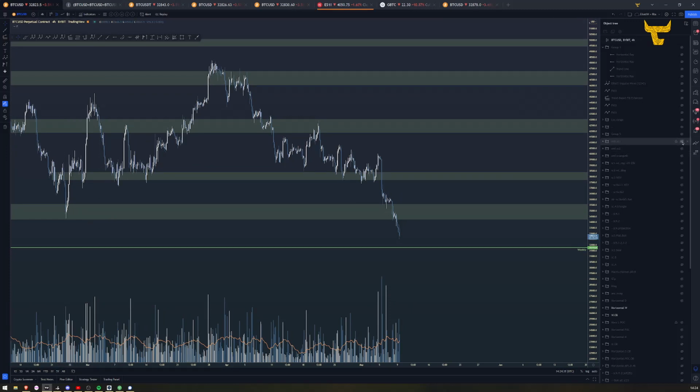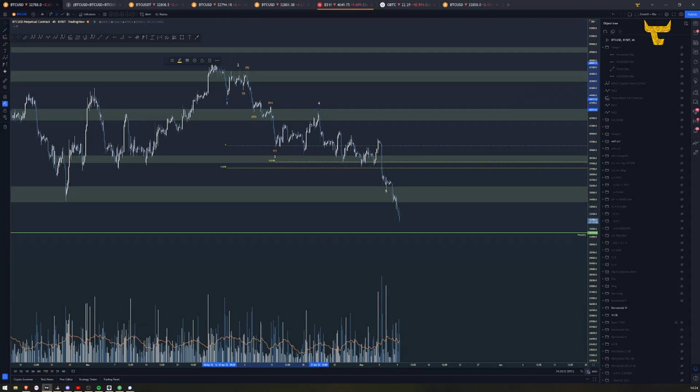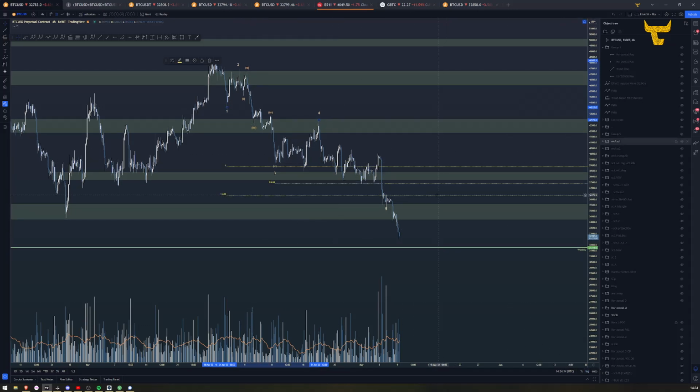So the count here, the one that I've been chilling, is definitely invalidated now. We dipped way below the target for a fifth, way below. So this is wrong now.